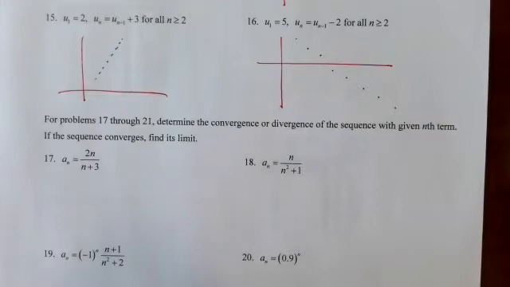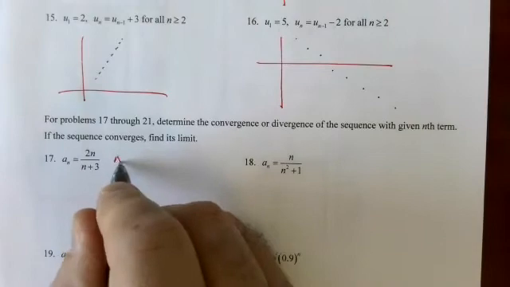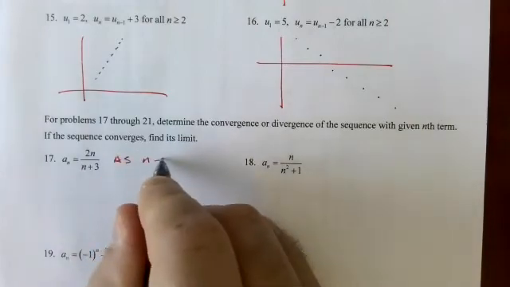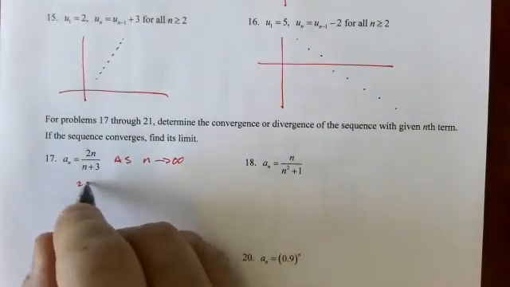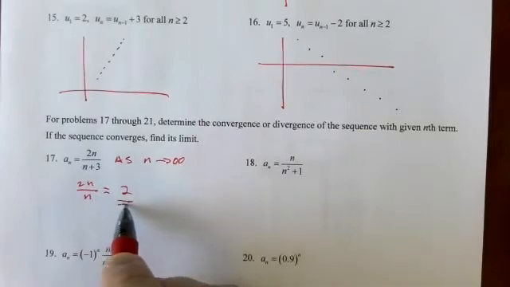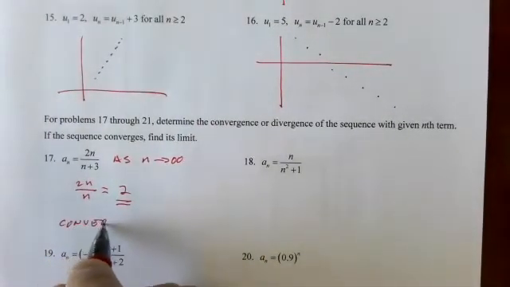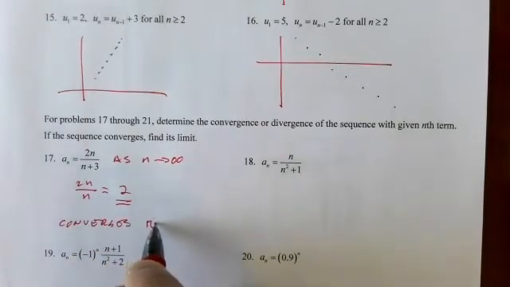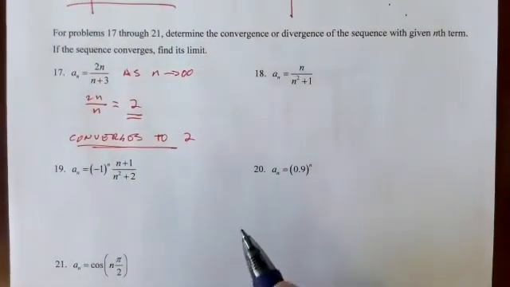So this one, take the powers, and I'll write it out. As n goes to infinity, 2n over n, because the plus 3 vanishes, goes to 2. So I would say this sequence converges to 2. And here we go.